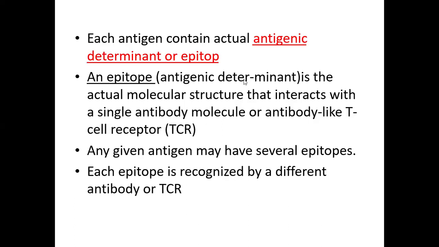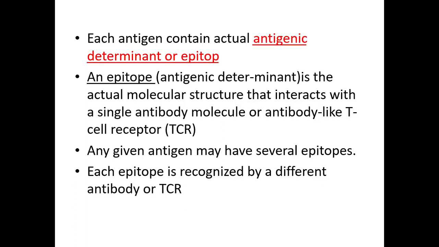Each antigen contains an actual antigenic determinant or epitope. An epitope is an antigenic determinant. It's the part of the antigen which is in contact with antibody, which induces the immune response.